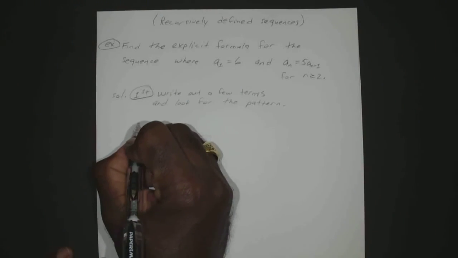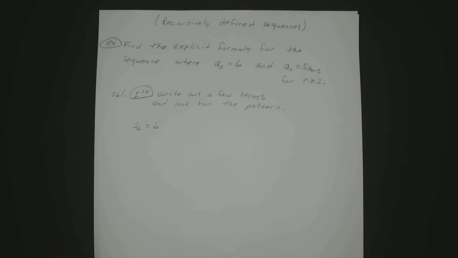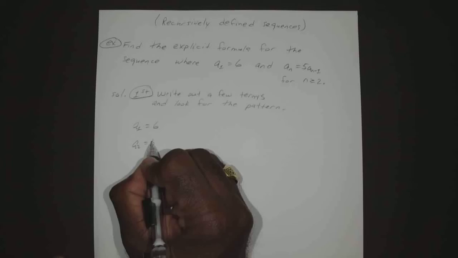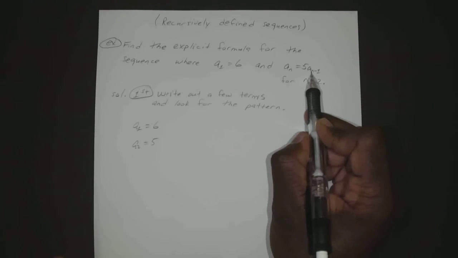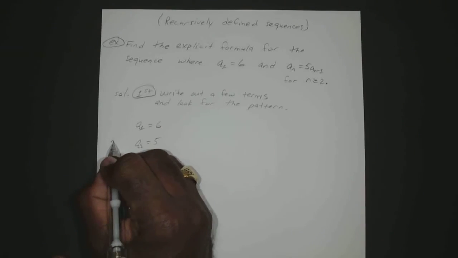Okay, so we know that the first term is 6. Our second term is equal to 5 times, since our n is equal to 2, I'll put n equals 2 here.